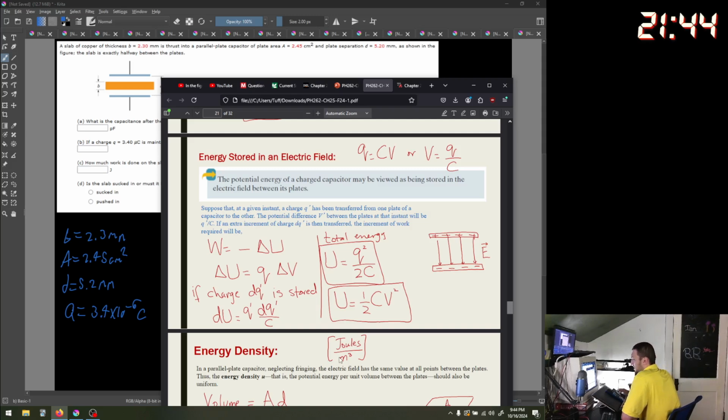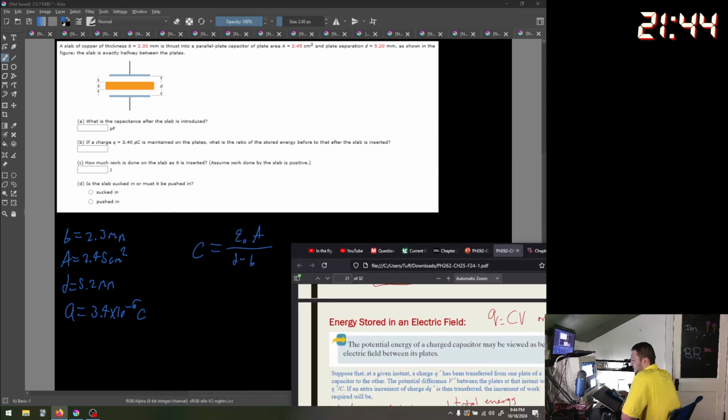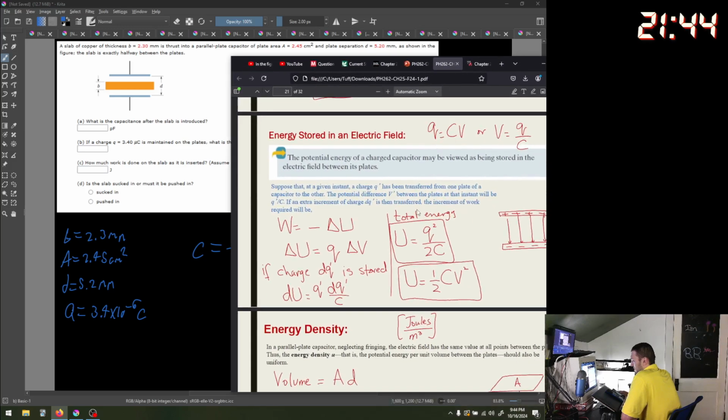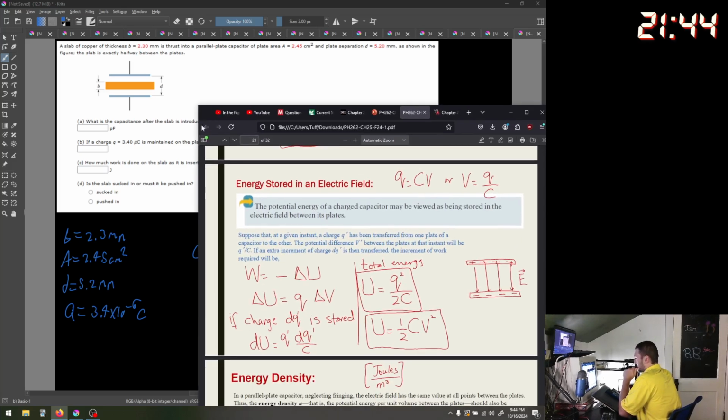We found the C right there. And that's total energy. How to find the before and after.